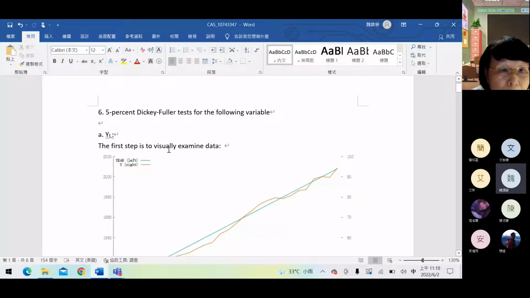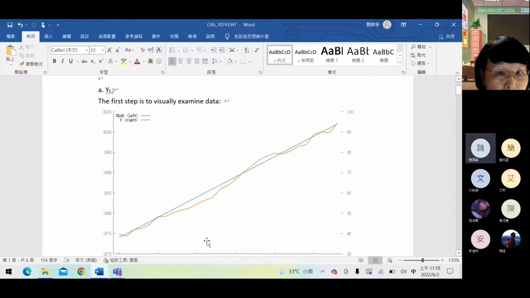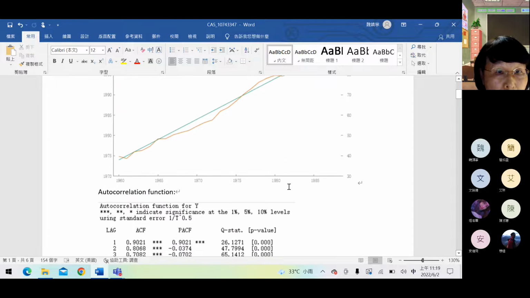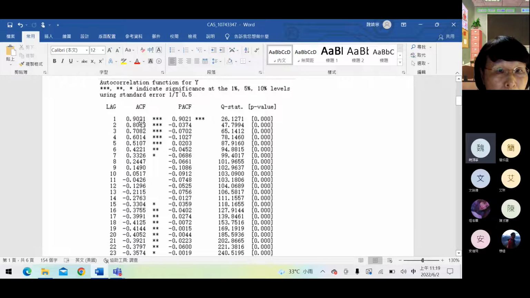Did I show my screen? Okay, yeah. Number 6, we need to do a 5% Dickey-Fuller test for the following variables. The first one is the y variable. We can see this graph. I think it tells us it is non-stationary. The second method is the correlation function, and we can see the results.